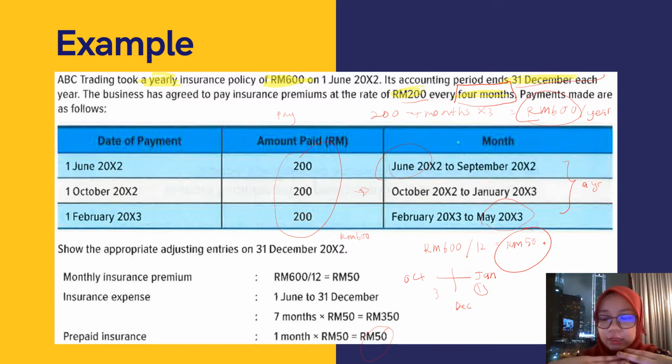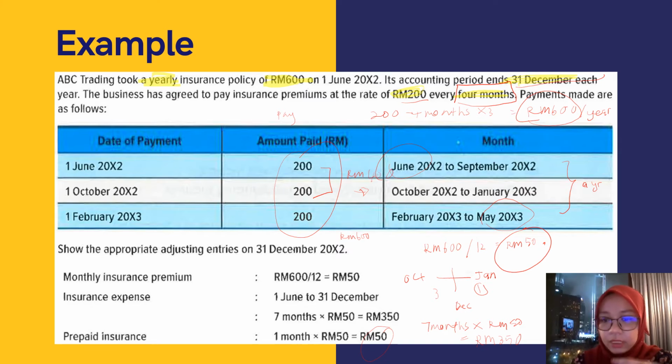So for the year, it's subscribed in June, so we incur June, July, August, September, October, November, and December, 7 months. The insurance incurs for 7 months, so 50 ringgit per month times 7. So the expenses for the current year is only 350, but the company paid a total of 400 ringgit.